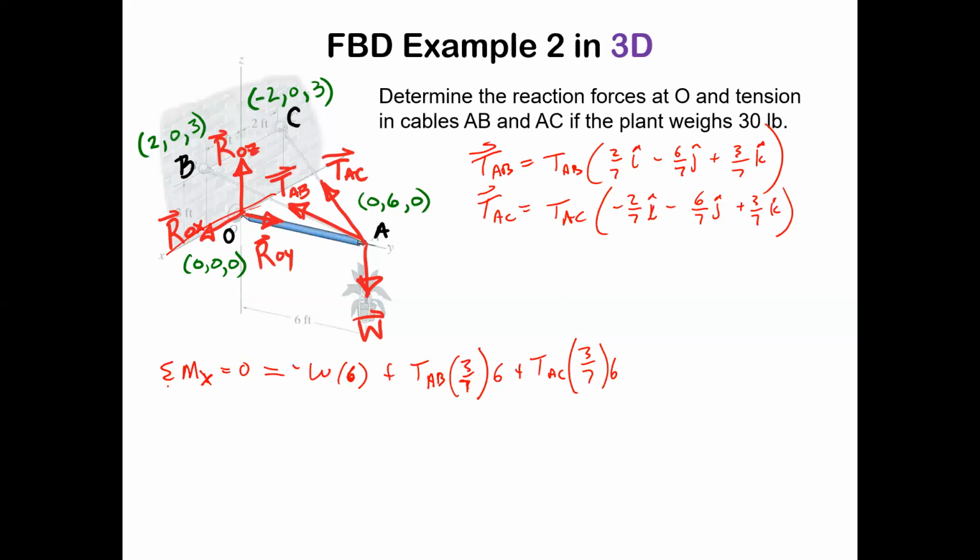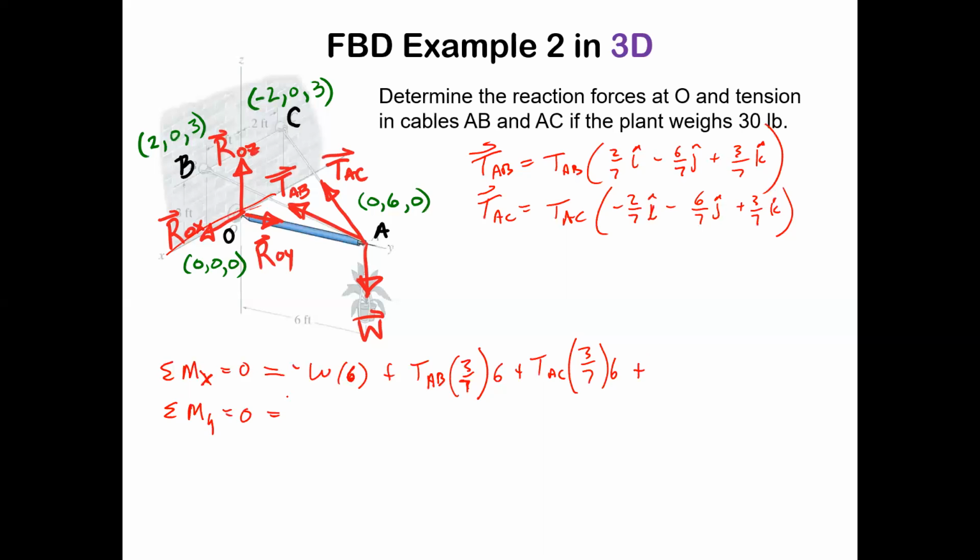Sum of the moments about the, actually, there isn't going to be any moment there from that support, right? But also now the sum of the moments about the y-axis equals 0, and about the y-axis there isn't anything, right?